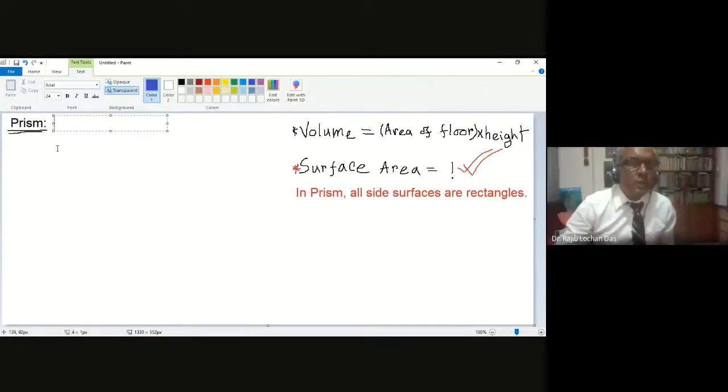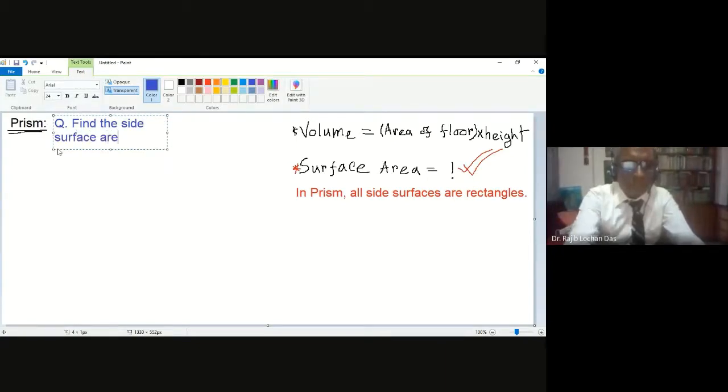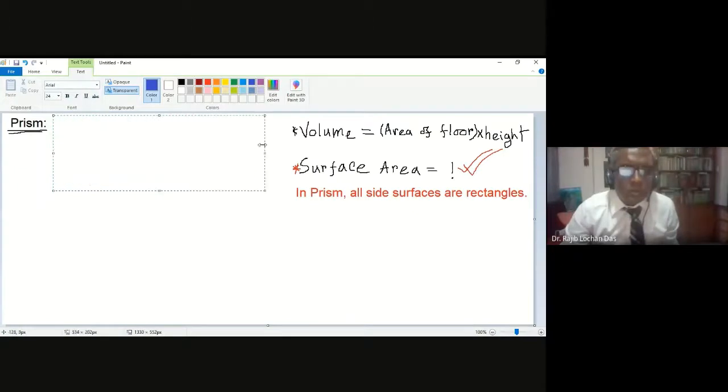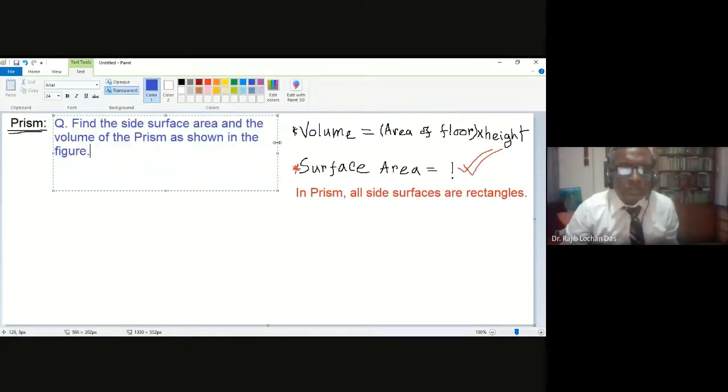Now let me give you a question, and the question is: find the side surface area and the volume of the prism as shown in the figure.